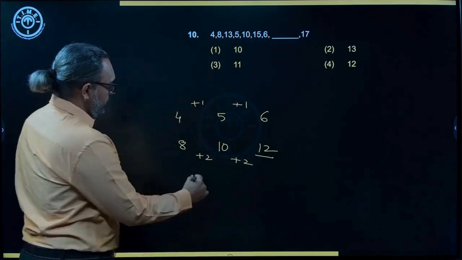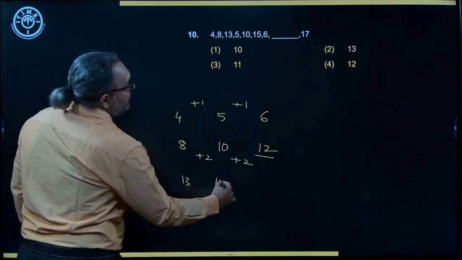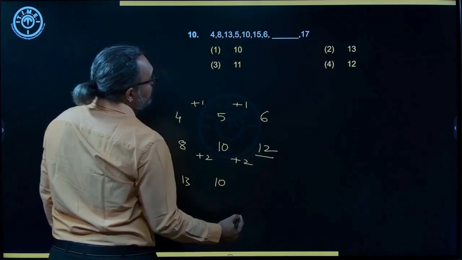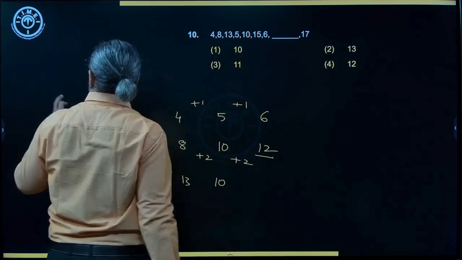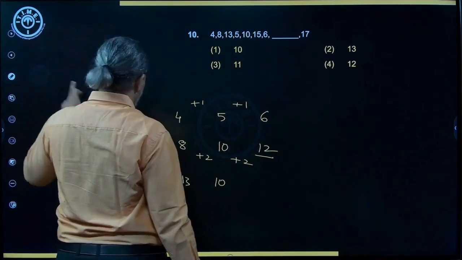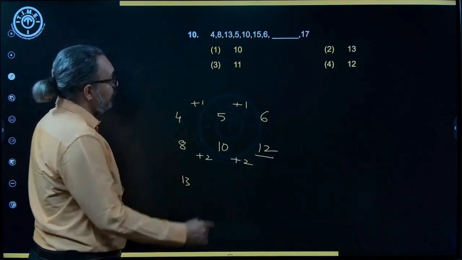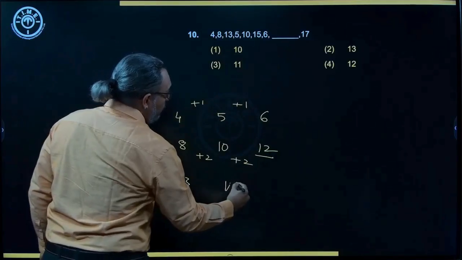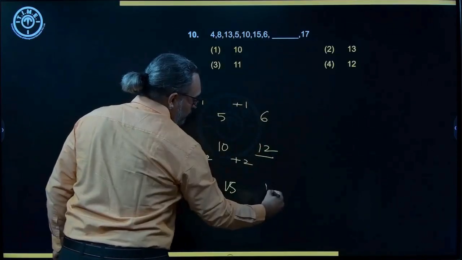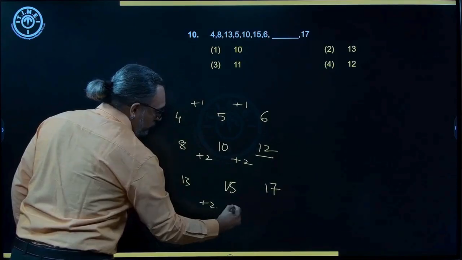And when you look at 13, sorry, you have not 10, you have 15. Leave a gap of 2 numbers, correct? So you have 13, leave a gap of 2 numbers, you have 15, leave a gap of 2 numbers, that is why you get 17. So here also it is +2.